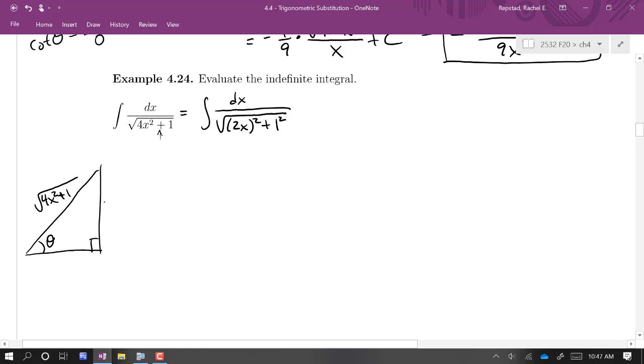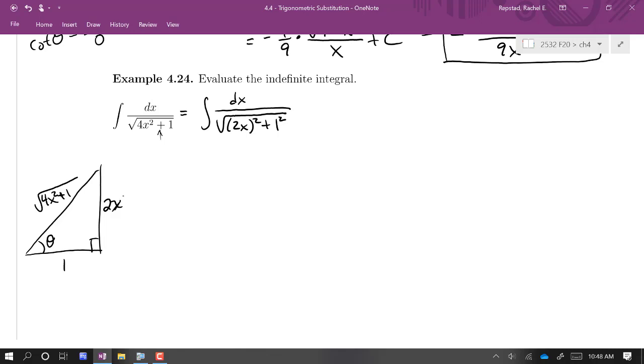I'm going to throw 2x on the vertical side and 1 on the bottom. It can work either way. How you label the two legs is not as crucial as just making sure that we get that hypotenuse right. As long as Pythagoras is satisfied, this technique should produce a valid result.